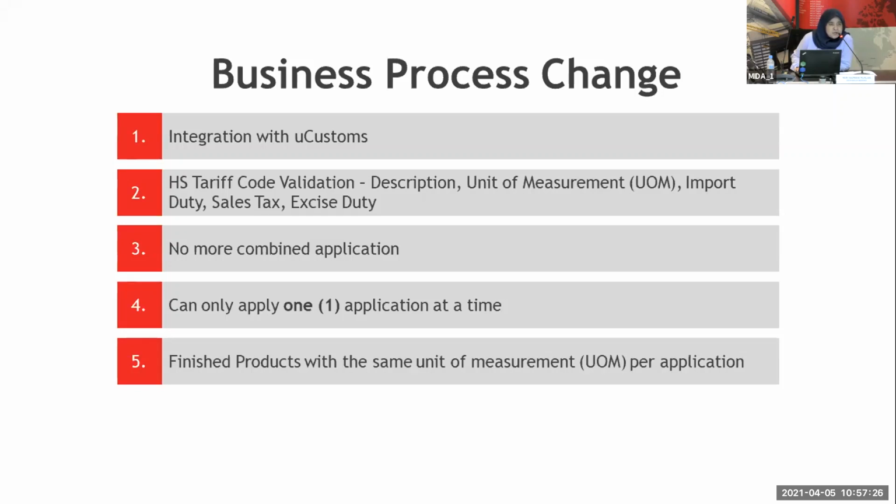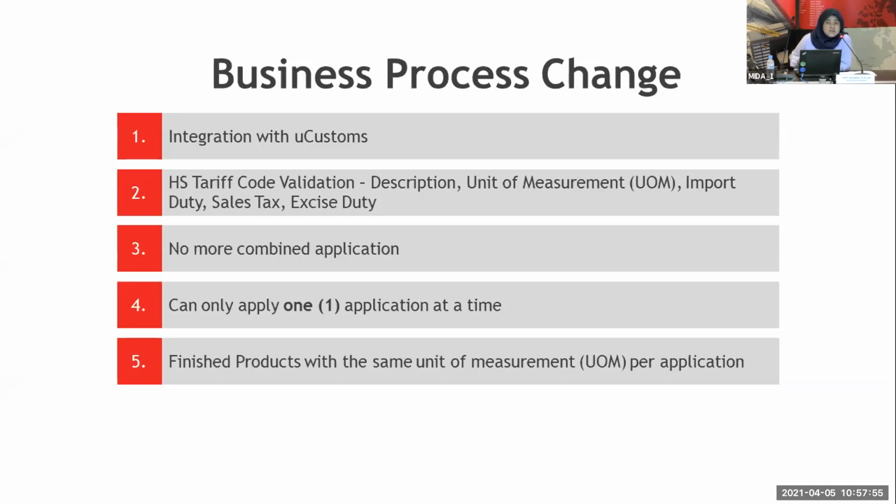The fifth process change is finished products with the same unit of measurement per application. This is related to the unit of measurement of the finished product. When you are at the finished product section, let's say the unit of measurement for your first product is kg, for example.